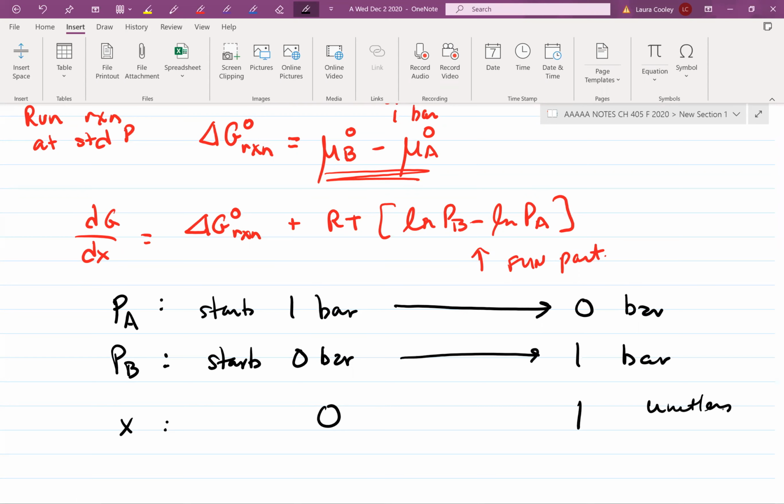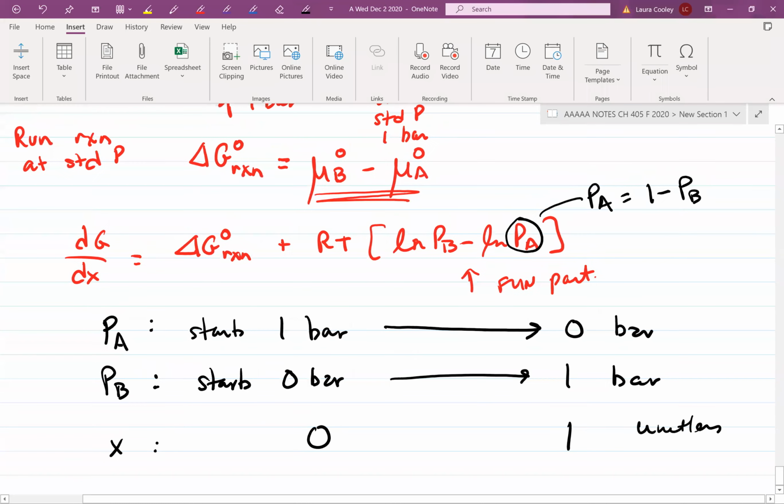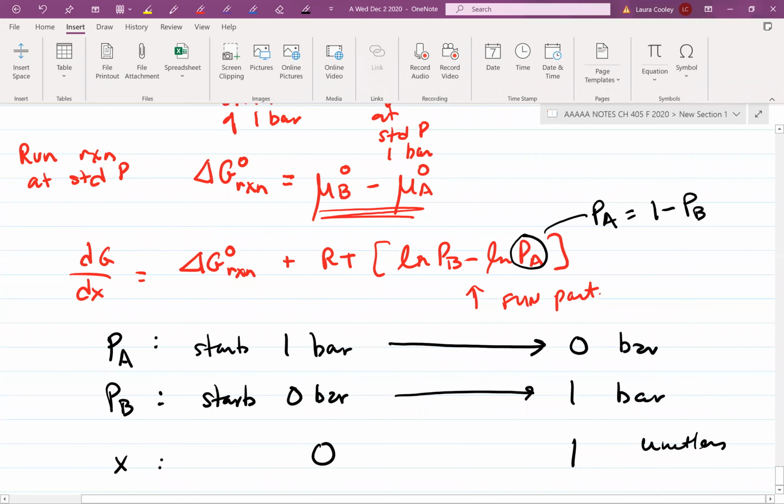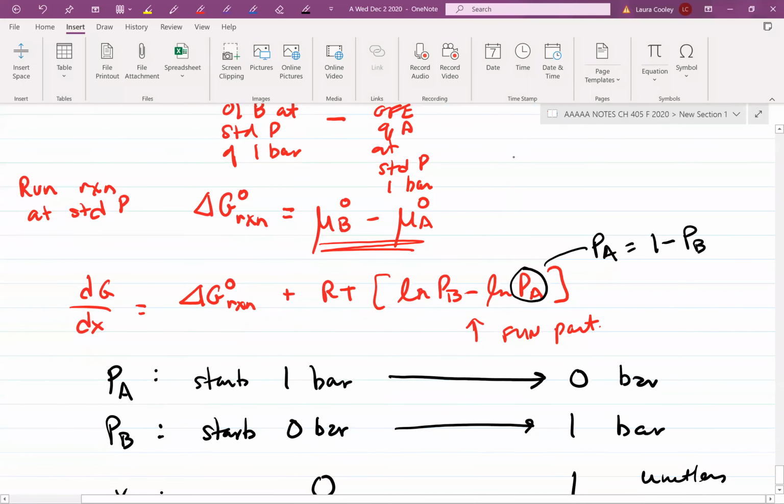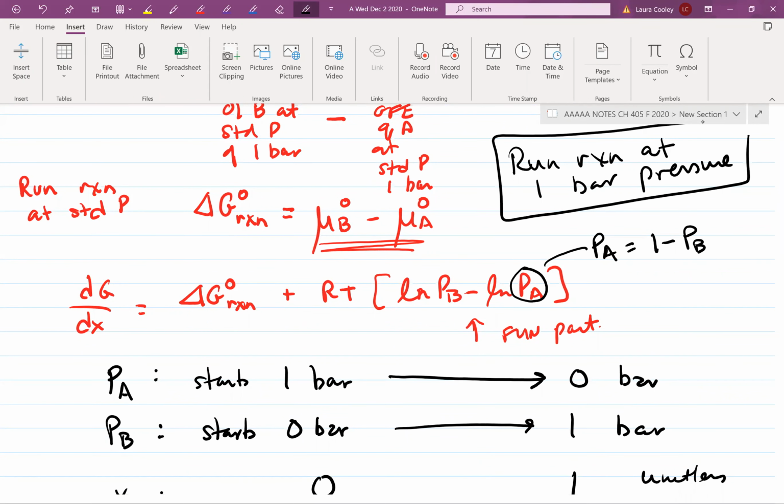So one thing that's certainly clear in this reaction is that the partial pressure of A is 1 minus the partial pressure of B. Oh, I forgot to tell you something. Actually, I knew there was something I was missing here. And that is that we're going to run the reaction at 1 bar pressure, so that the sum PA plus PB is equal to 1.